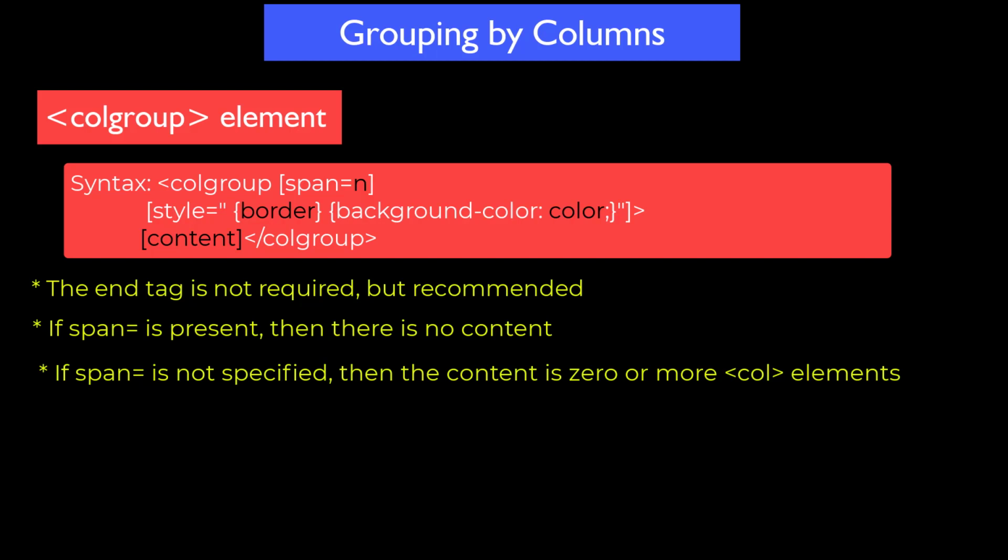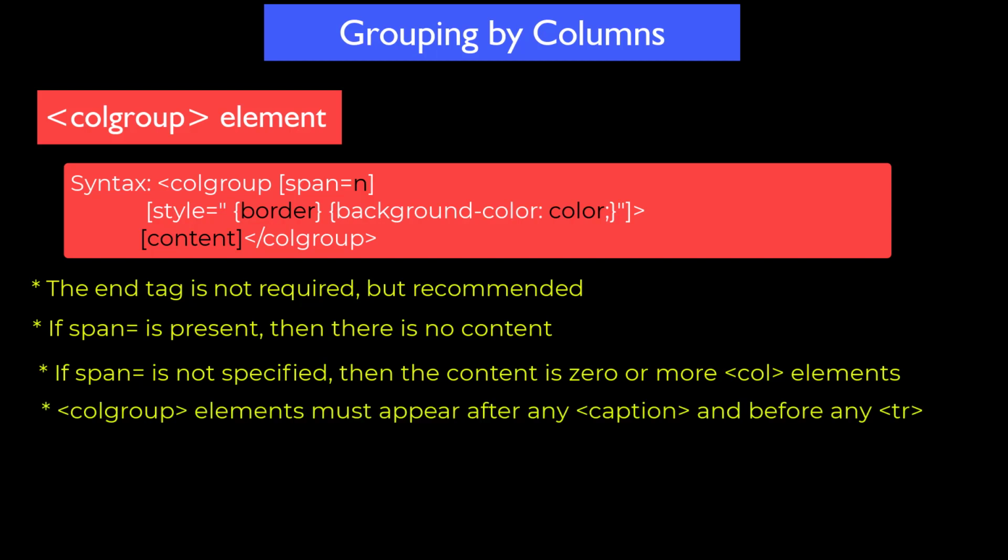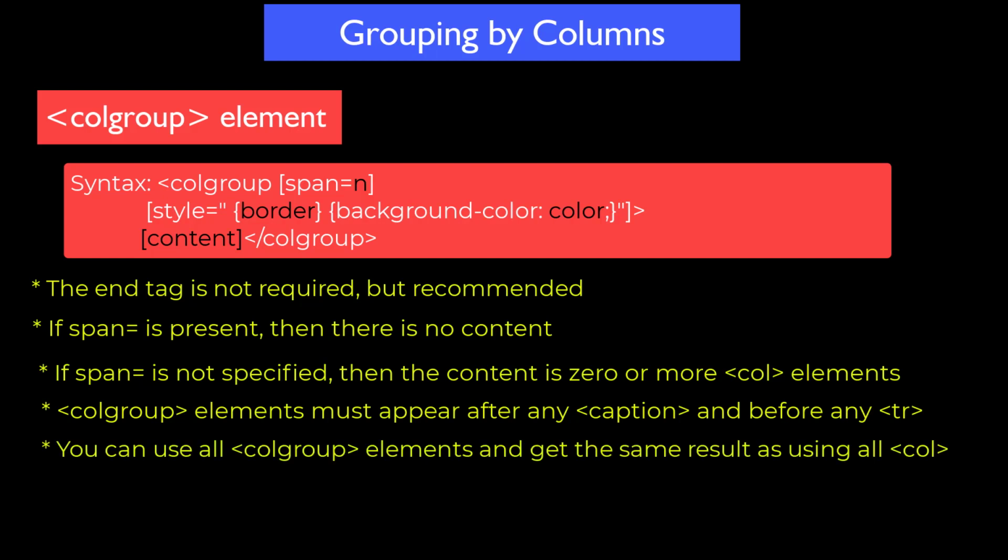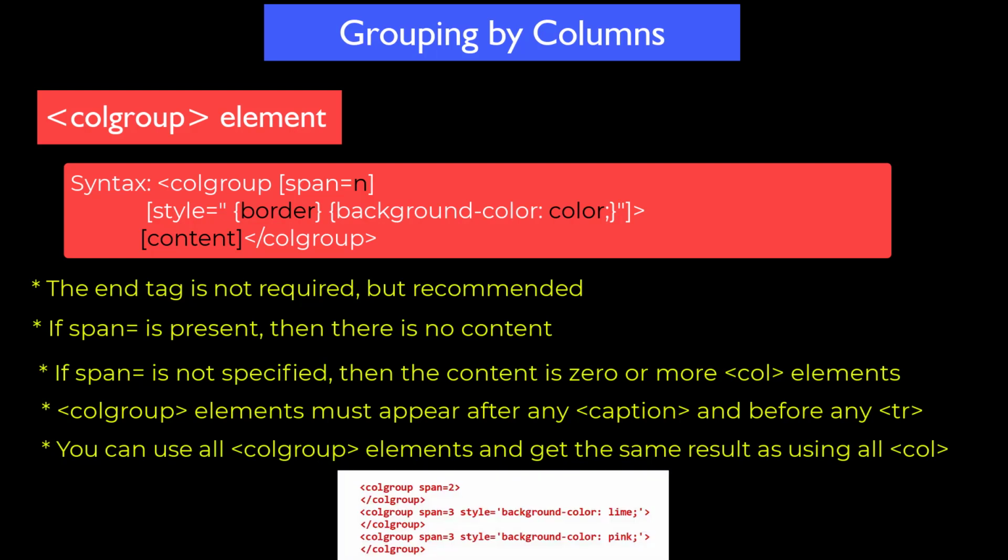If there's 0, then only one column in the group. Colgroup elements must appear after any caption and before any TR elements. That is, you can use all colgroup elements and get the same result as using only col elements. So this code produces the same result as in the previous example. Notice these are all colgroups with no content.